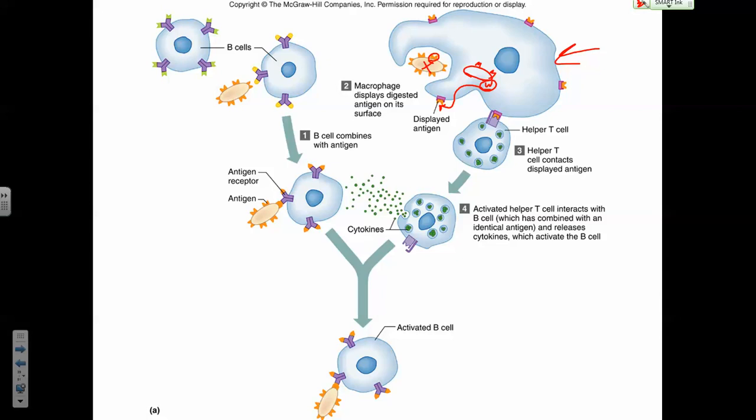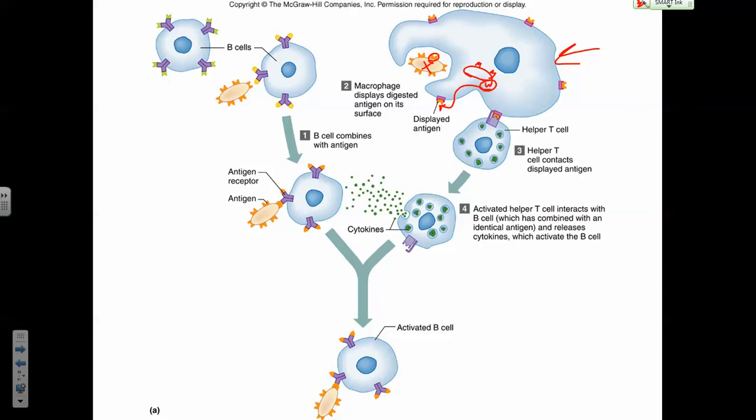histocompatibility complex proteins. Do you recall a little while ago I mentioned to you during lymphocyte boot camp, especially in the thymus gland, in their boot camp, they learn to recognize your body's own molecules? They're recognizing the MHCs.